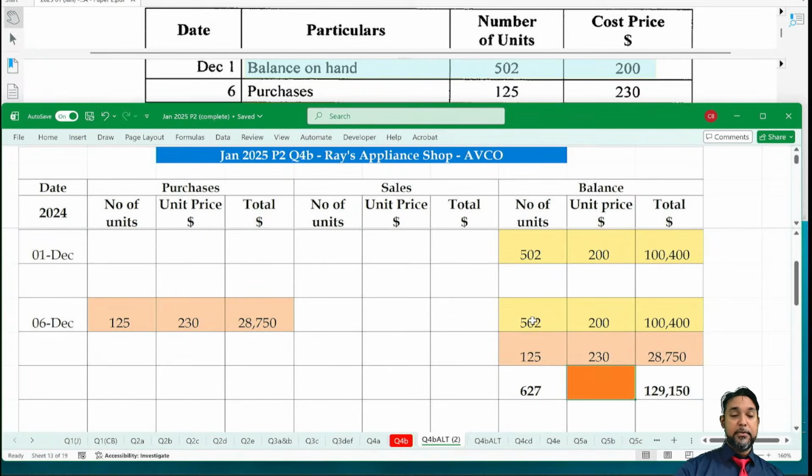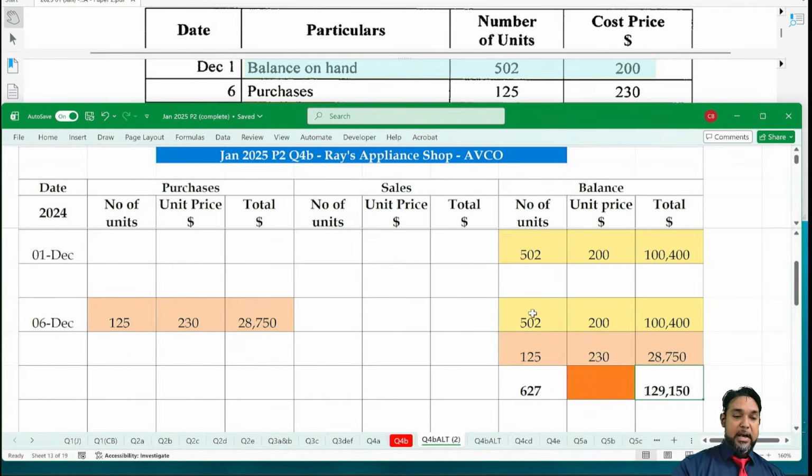Under the weighted average method, it doesn't matter the order in which the units came in, because we recalculate the weighted average cost per unit after every purchase. The average cost is total cost divided by total number of units. So total cost, you just add the two figures to get 129,150.